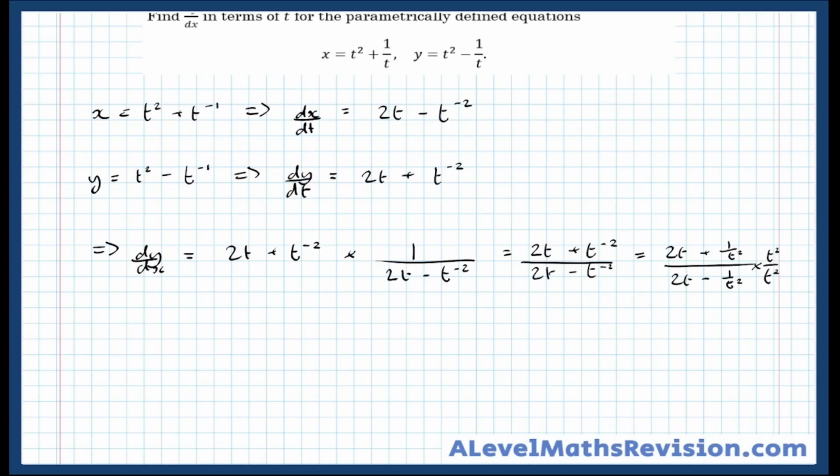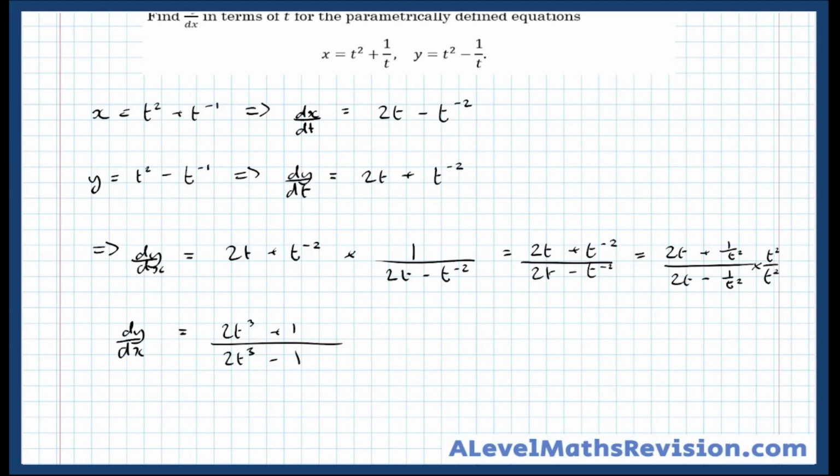So what we end up with is timesing the top by t squared, we end up with 2t cubed plus 1. And on the bottom, we end up with 2t cubed minus 1. And there we have it. Dy by dx in terms of t is 2t cubed plus 1 over 2t cubed minus 1. And this technique to eliminate fractions over fractions is something you're likely to have to use in an exam.